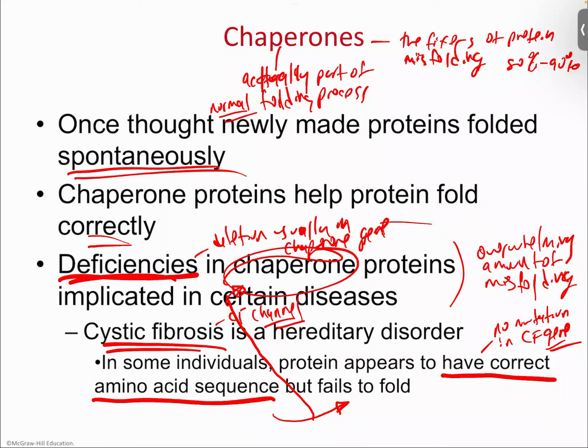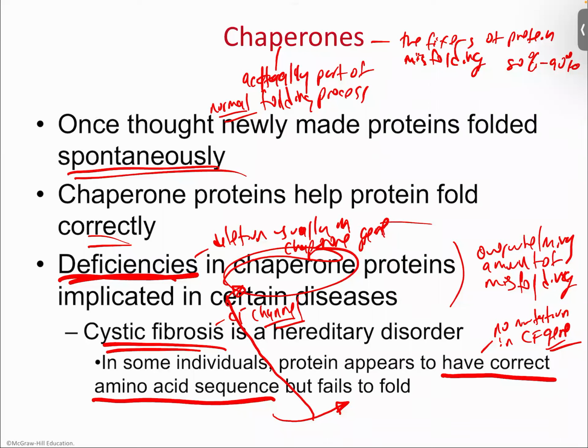That tells us, very clearly, number one, that the chaperones are not just fixers. Number two, that proteins cannot fold spontaneously, because otherwise there should have been no cystic fibrosis, right? If you have a normal sequence, you should have folded up just fine if it's spontaneous, but not so if you actually need a chaperone to nanny you through the entire process of protein folding.